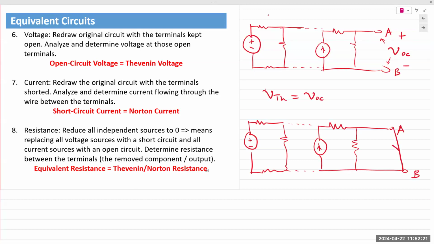But now we place a wire between it. And because the polarity we chose was plus at the top, current goes from plus to minus. So the current is flowing in the downwards direction. We label that current as ISC, the short circuit current. And the Norton current is that short circuit current.